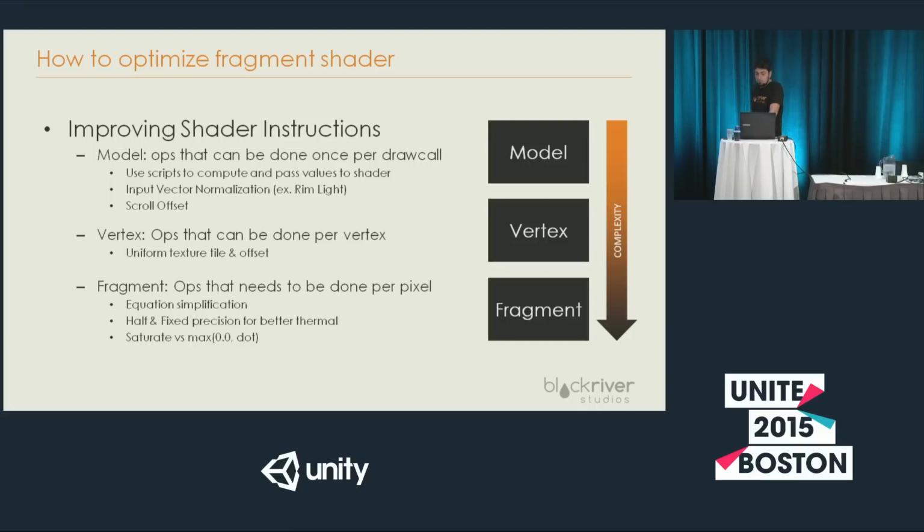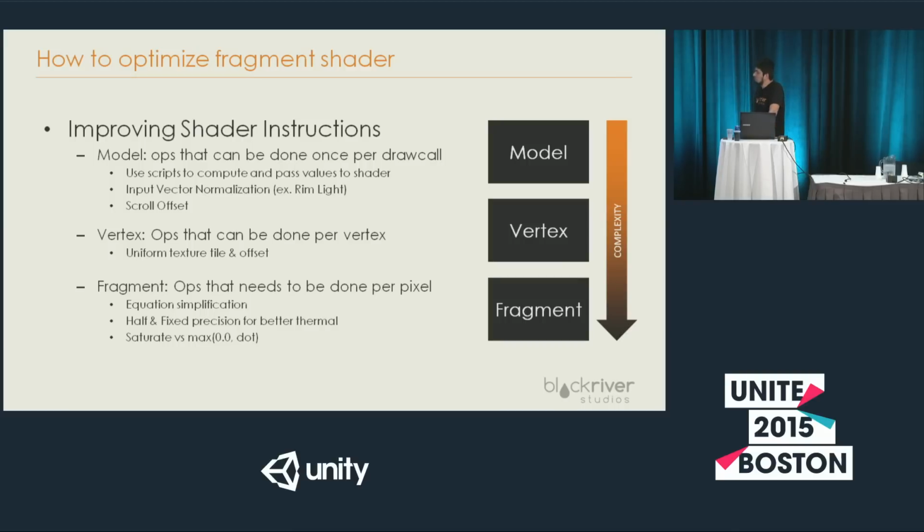Then there are things that we can move from fragment to vertex. For instance, you might have 4 textures, and all of them use the same texture tile and offset. You can do the tile and offset in the vertex shader and pass the same tile and offset to the fragment shader. And for the operations that need to be done per pixel, you can do equation simplifications.